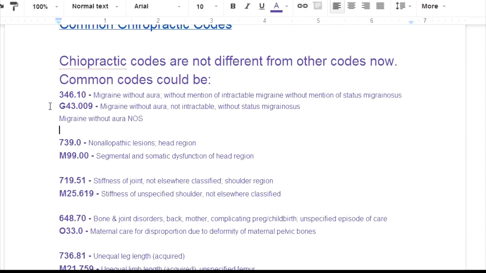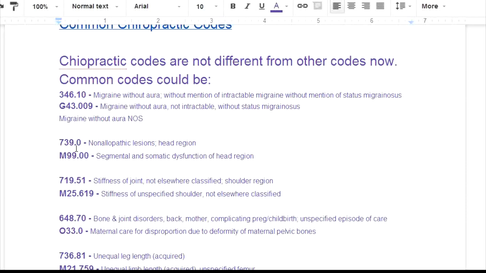But you'll notice the ICD-10 code starts with a letter, and you have 2 characters before the decimal, and then you can have multiple characters after that. The great thing about ICD-10 is you'll not run out of numbers or spaces, because you can just keep going and going and going.